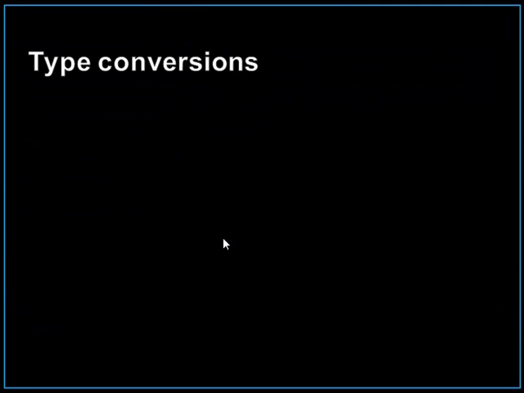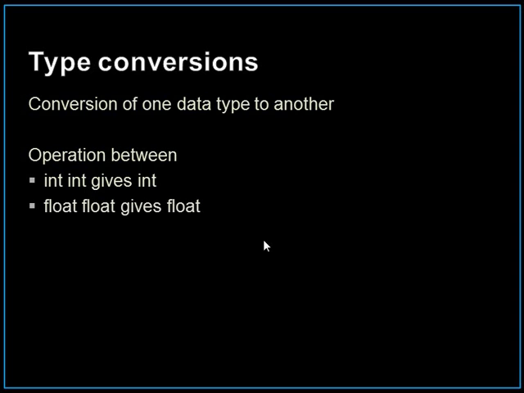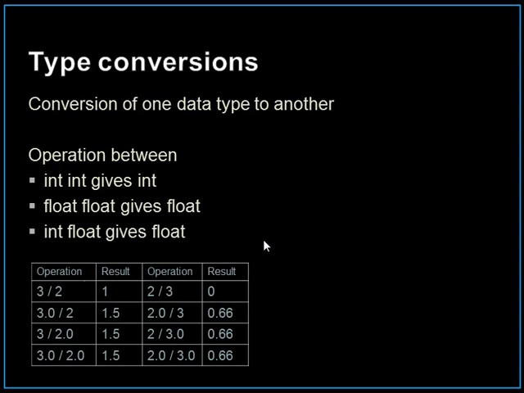Okay, now look at a little concept of type conversions. Type conversion is nothing but the conversion of one data type to another. If we have two incompatible data types, we have to convert one of them for an operation between them. We have learned this earlier in this lecture also. Int with int gives an integer, float with float gives float, and int with float gives float. If any one of the operands is a float, that gives float.